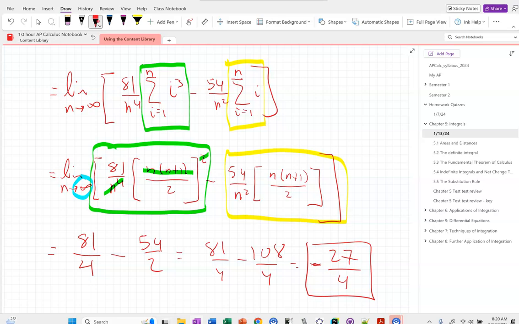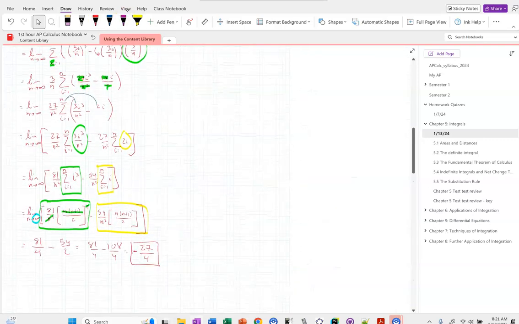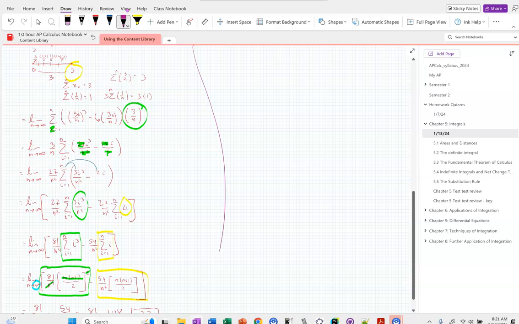Here's the good news. We're never going to do it this way ever again. Okay? This process that we've just looked at is akin to doing a limit this way.